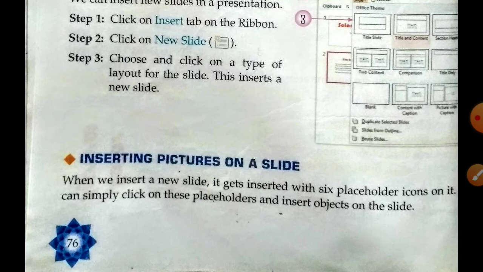Inserting pictures on a slide. When we insert a new slide, it gets inserted with 6 placeholder icons on it. We can simply click on these placeholders and insert an object on the slide.